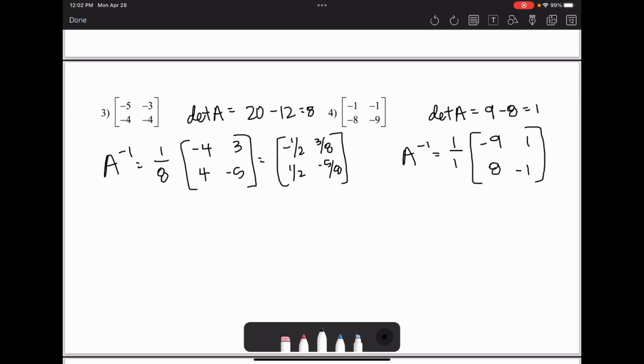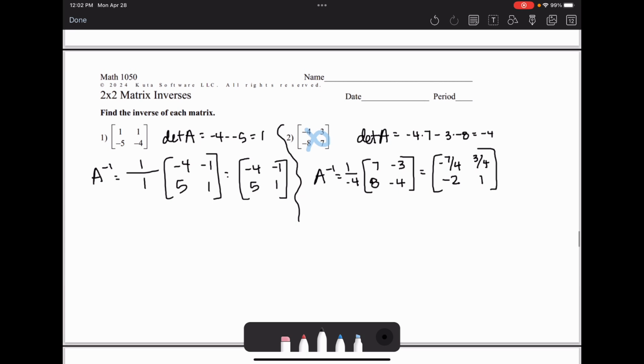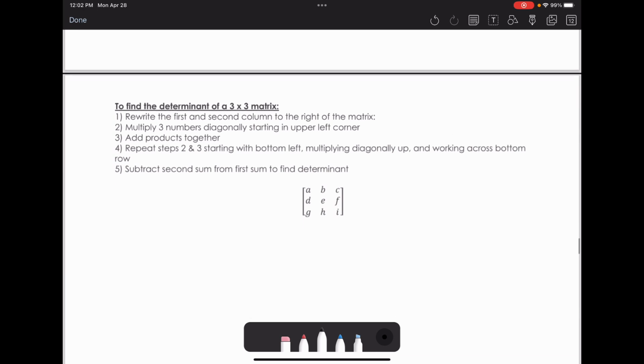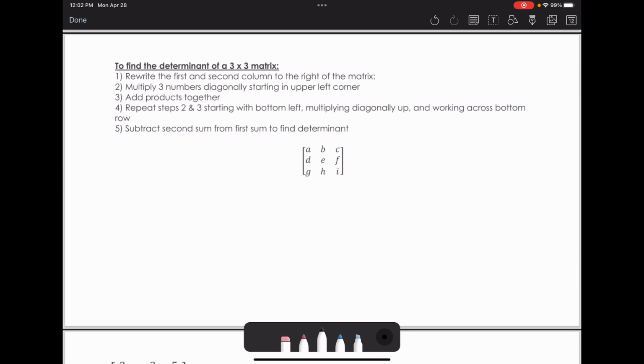Okay, we're going to come back to this in a minute to do the other way of finding the inverse. But first we're going to talk about a 3x3 determinant. So this one is more complicated. There's 3 rows, 3 columns. And so it's just a little bit more complicated because it's a bigger matrix.